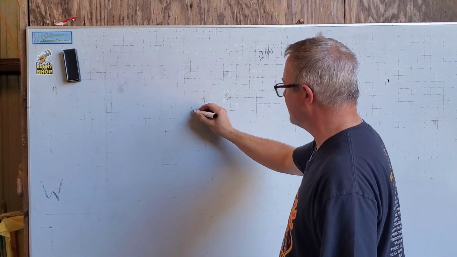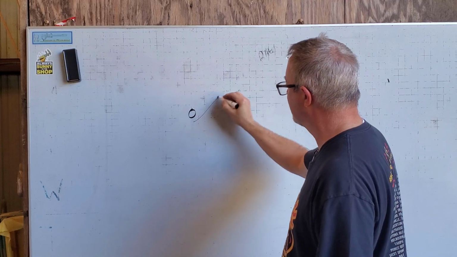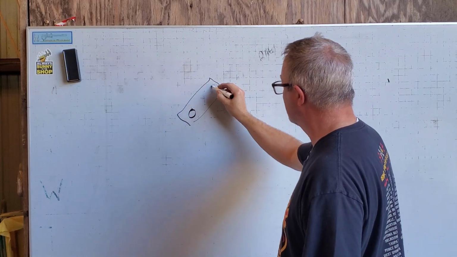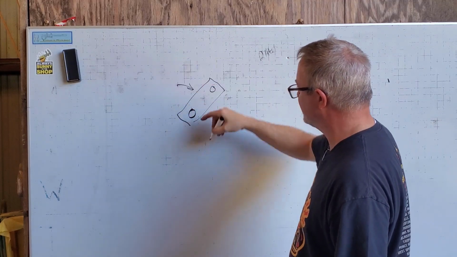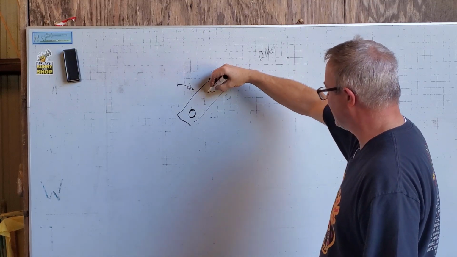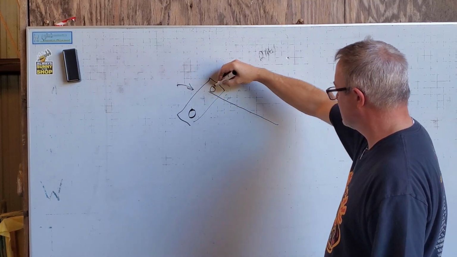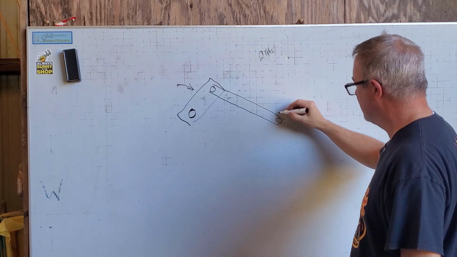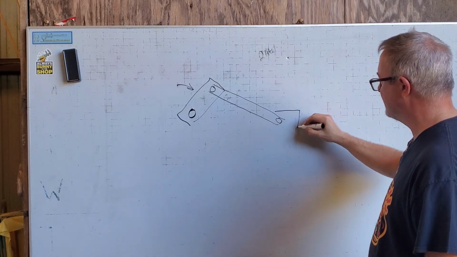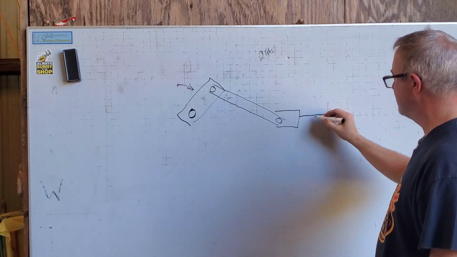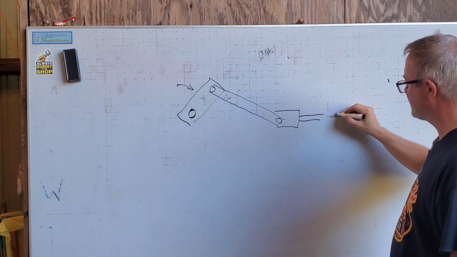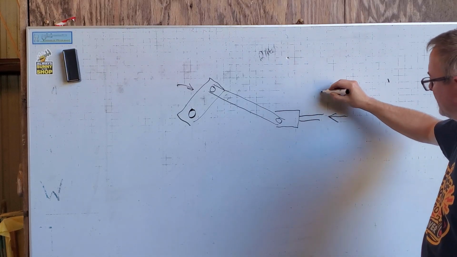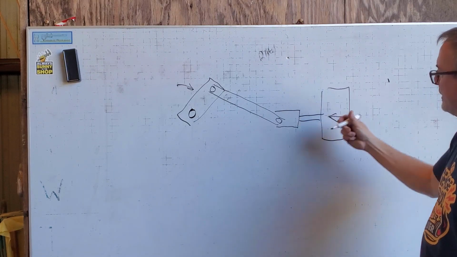So basically your crank throw is rotating about its center line, and then the connecting rod comes down from that to a crosshead slide, and that is basically what's receiving the forces from the piston in both directions.